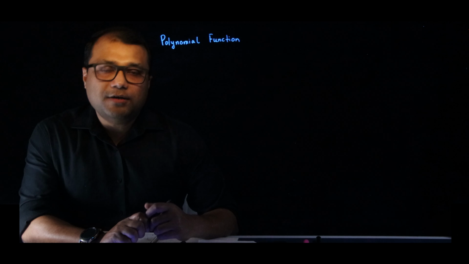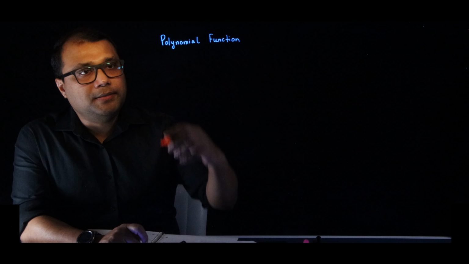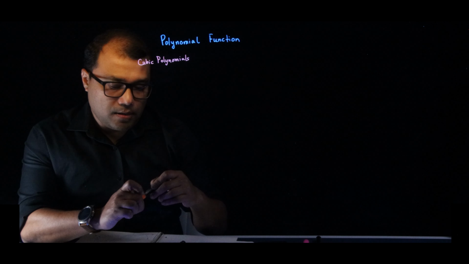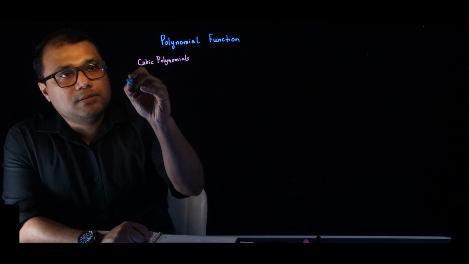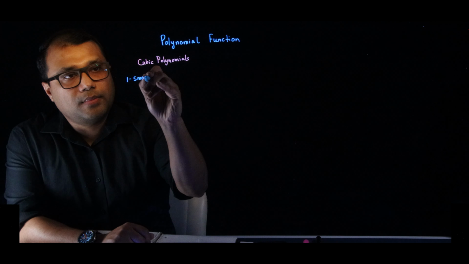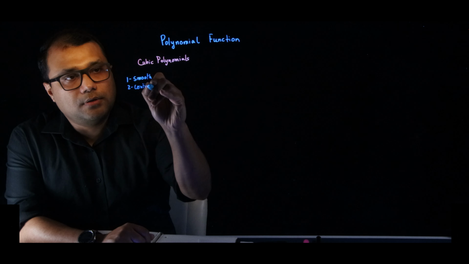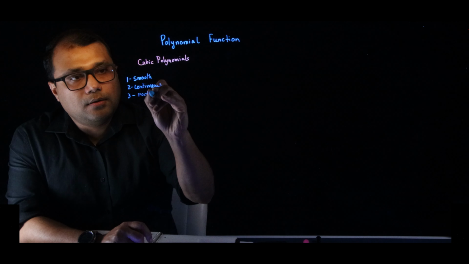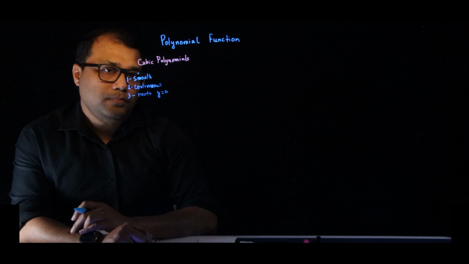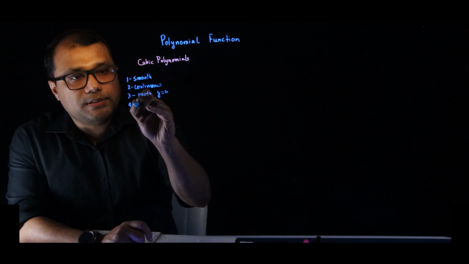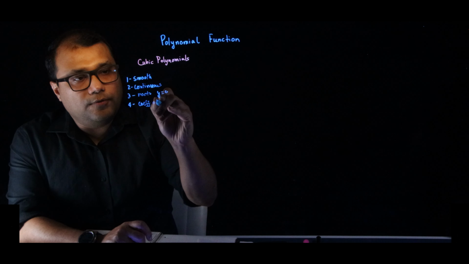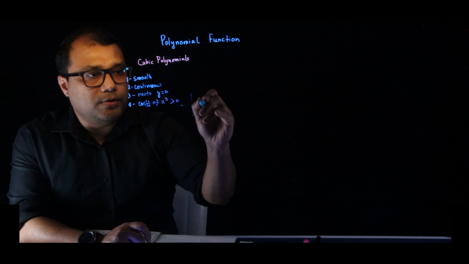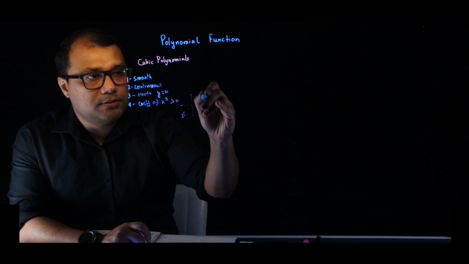Okay, let's stay on cubic polynomials for a little bit longer and discuss a few more cases. What we already talked about is: 1, this is a smooth curve; 2, this is a continuous curve; 3, the roots are when y equals 0; 4, if coefficient of x cube is greater than 0, then the curve will look like this.